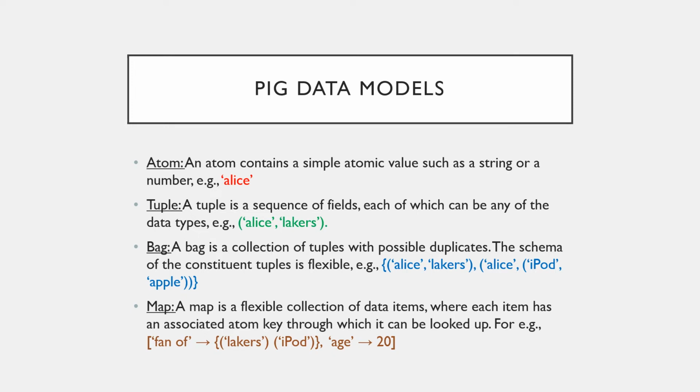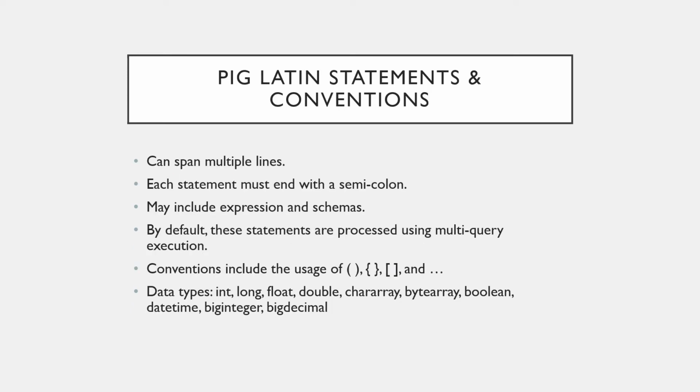So moving further, we can have the various conventions of Pig Latin. The conventions and statements in Pig Latin are like the regular conventions of any other language like Java or C++. You can have multiple lines, and each statement will end with a semicolon, and you can include various schemas and expressions.